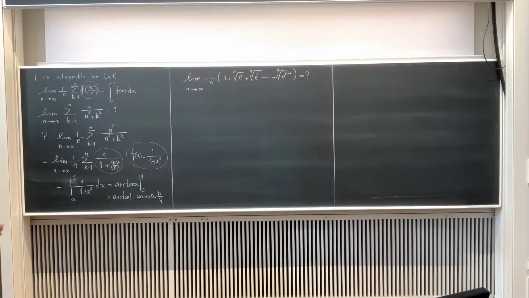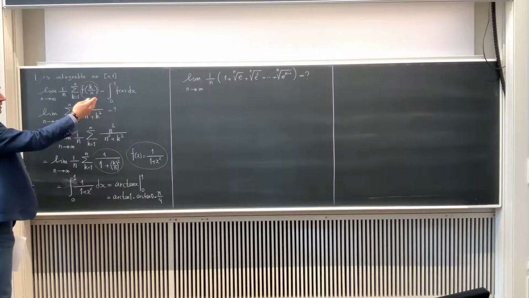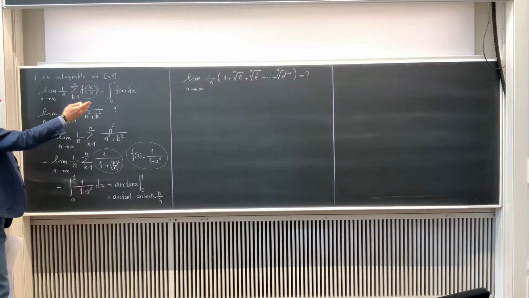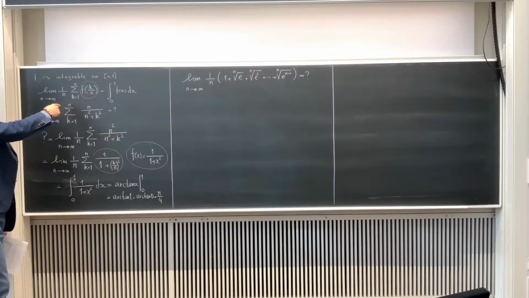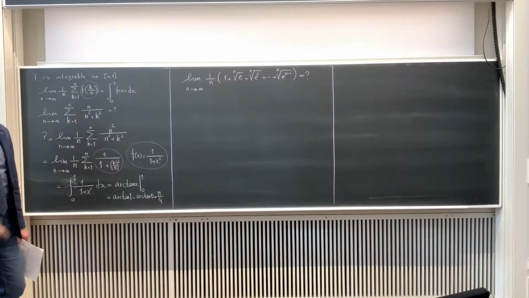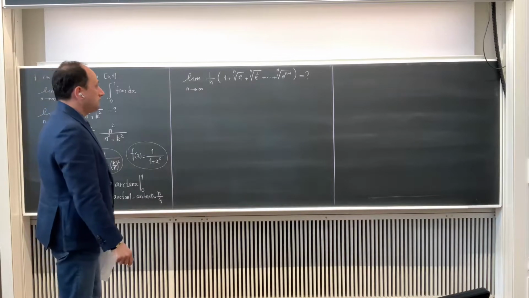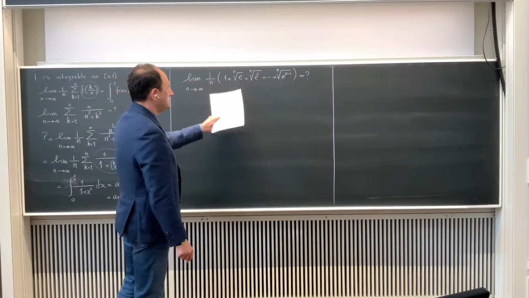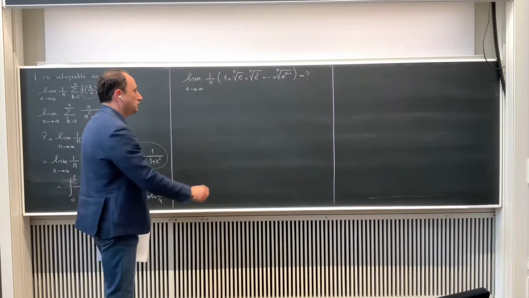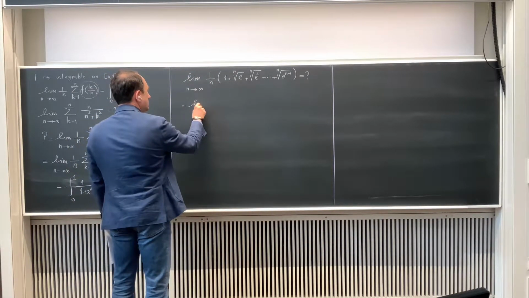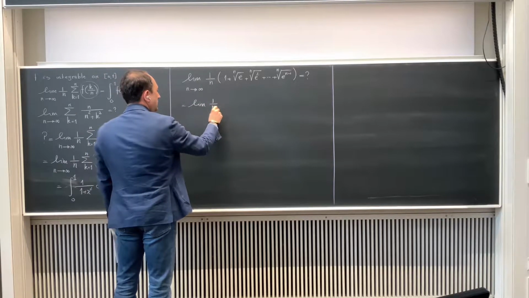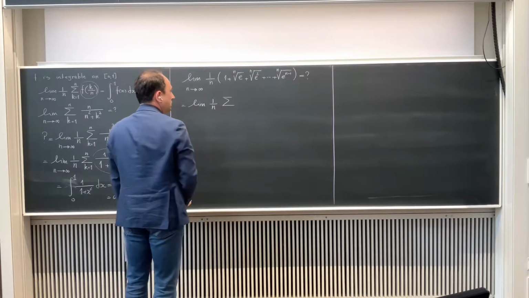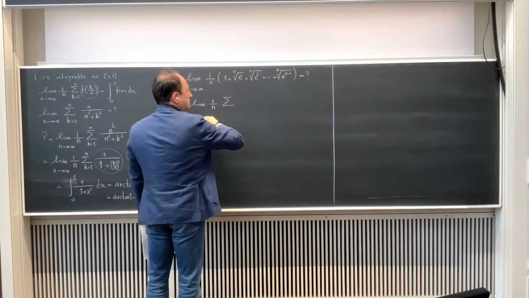Okay, in this example, I intentionally want to solve it because it's not exactly this theorem. It is a little bit different, okay? First of all, I think it would be better if you write this in sigma form. So I would write 1 over n, and sigma.